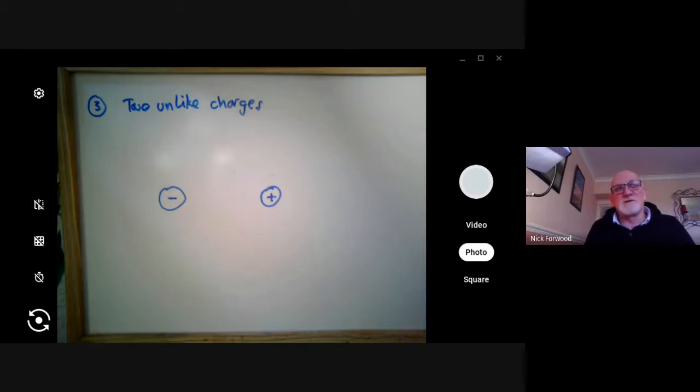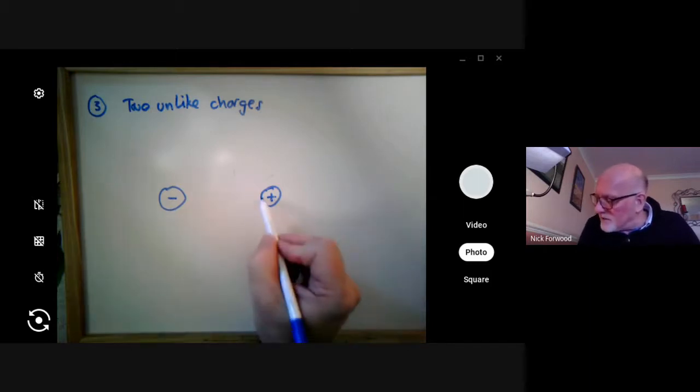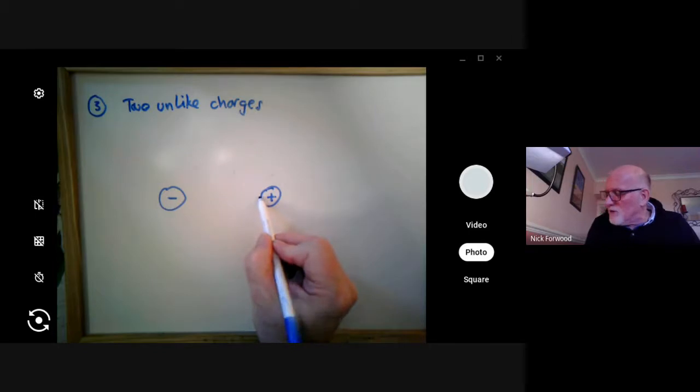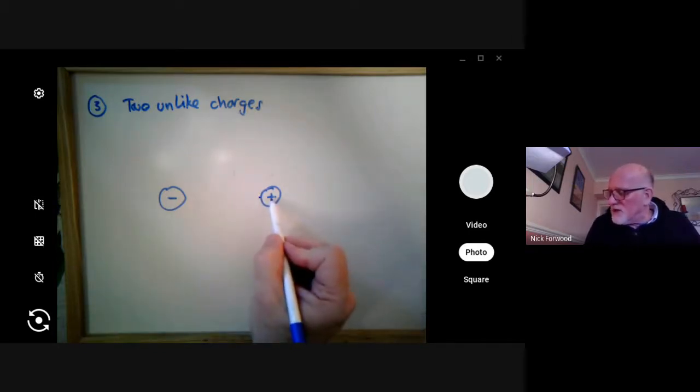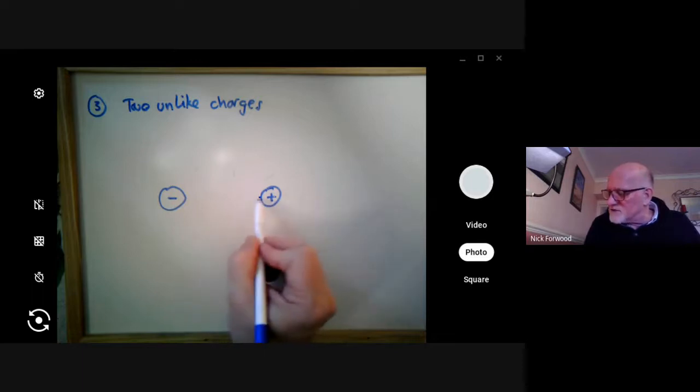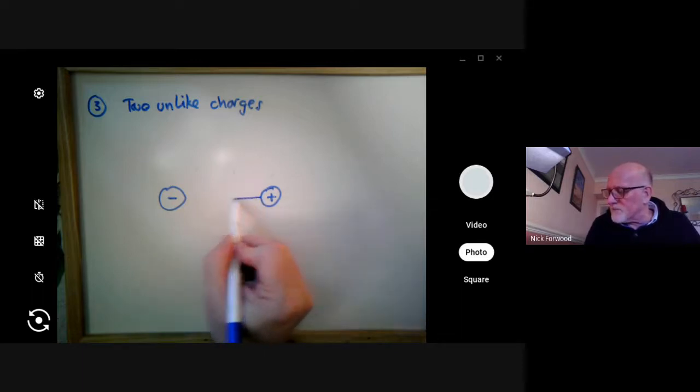We know that our test particle, which is positive, is always repelled from positive and attracted towards negative. So we might start by thinking about what happens if I just put one just there, my small positive test particle is going to get repelled from here, and at the same time it's going to get attracted towards there.